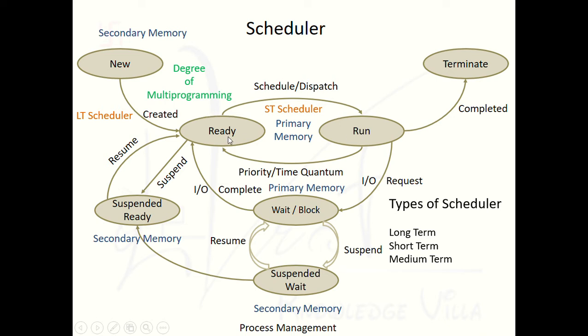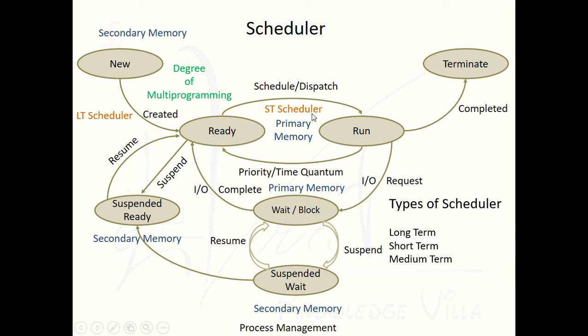If there are multiple processes inside the ready state, only one process is going to be scheduled, reach the run state and get the CPU. That is the role of the short term scheduler.